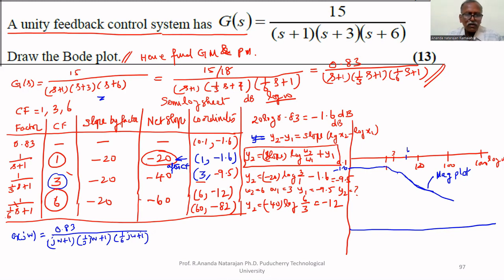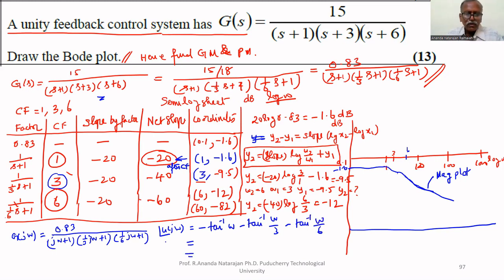The angle of G of j omega equal to minus 90 minus tan inverse of omega by 3 minus tan inverse of omega by 6.